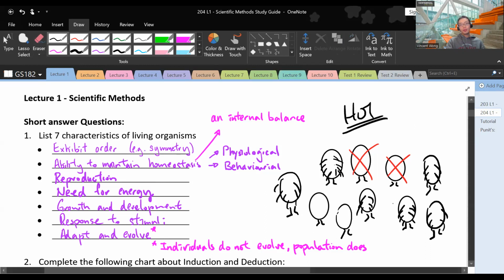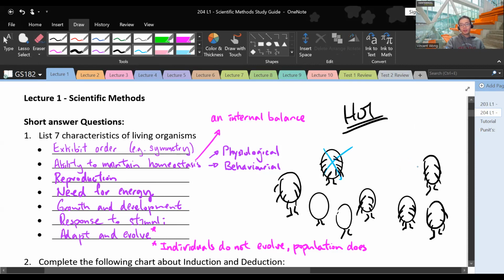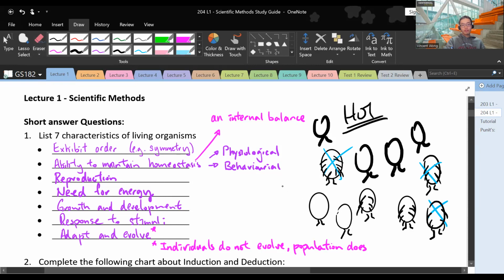In this new environment, the ones with fur might overheat and not survive as well. So they start to die off, and the naked ones will now be able to reproduce more and have more offspring. Over time, the population will once again shift back to more of the naked ones.